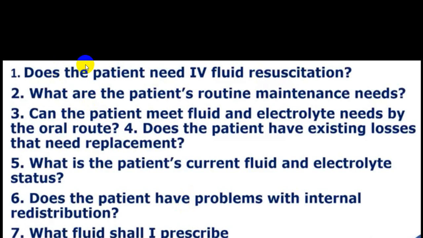Now always remember, in summary: does the patient need IV fluid for resuscitation? You should answer properly. What are the patient's routine maintenance needs? Is he having an electrolyte imbalance? Is he having any existing fluid loss?